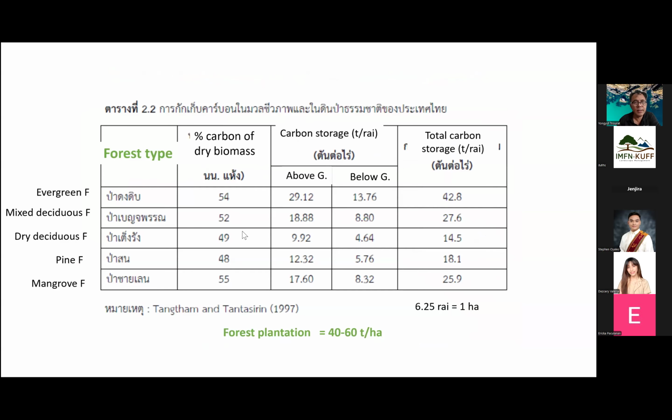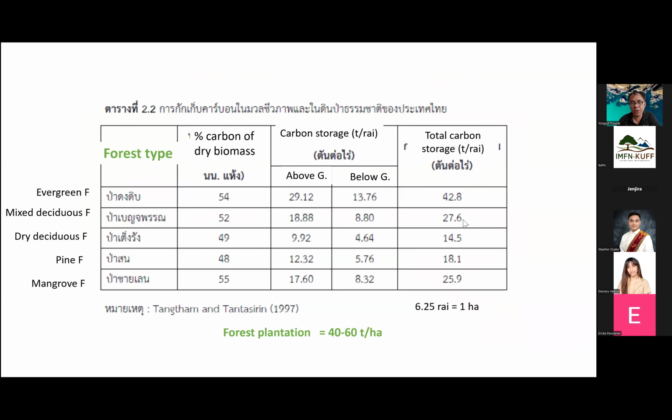So this is the literature showing the amount of carbon in different types of forest: evergreen, deciduous, pine, and mangrove. How much carbon will be kept above ground, below ground, and the total carbon storage per ton and per rai.